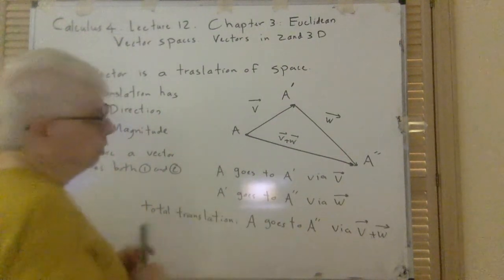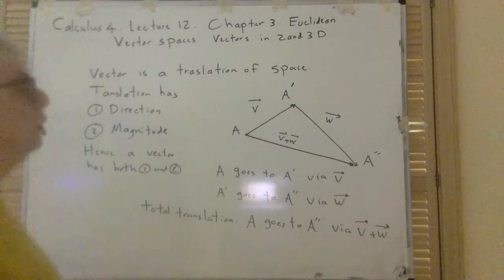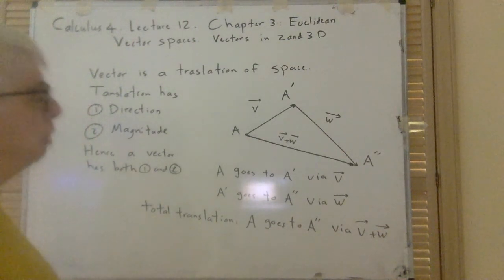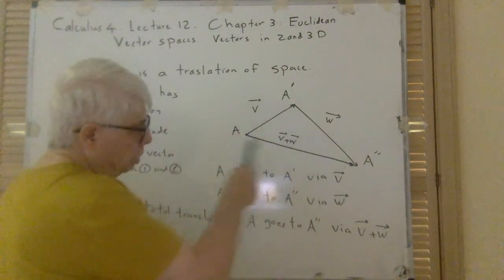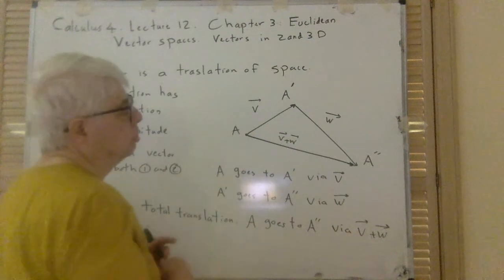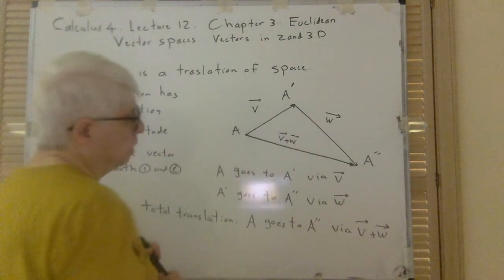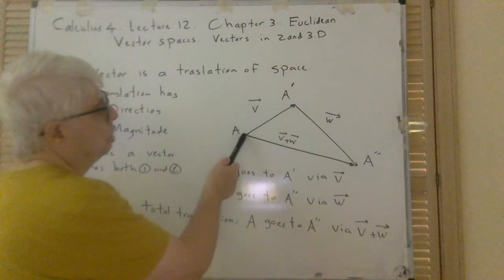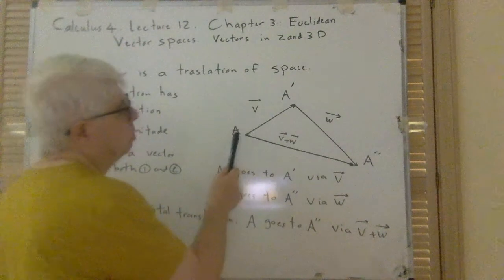And you can see from this definition, or let's say idea behind vectors, why we use this triangle rule, or sometimes they say parallelogram rule, to add vectors. So a vector takes this A to A prime, another one from A to A prime to A double prime.